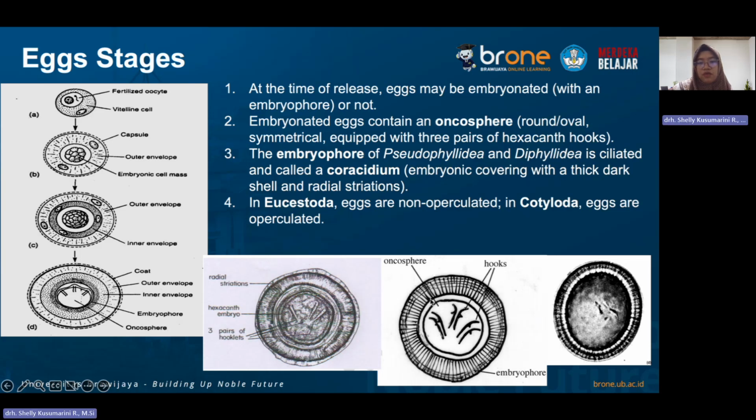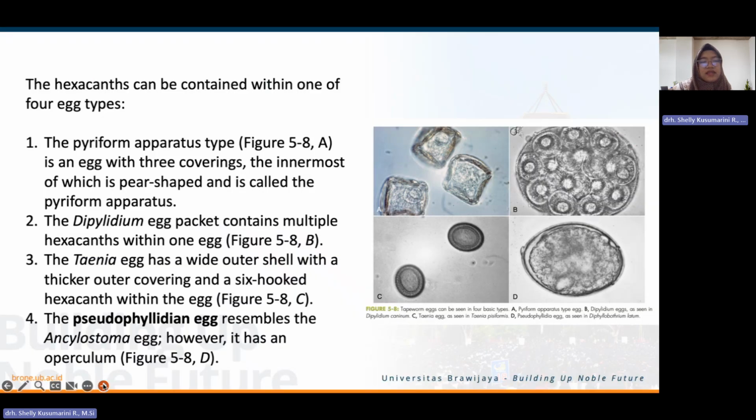The embryophore of Pseudophyllidea is ciliated, because they show adaptation to watery conditions. Eucestoda eggs are non-operculate. In Cotyloda, eggs are operculate. And this hexacanth can be contained within one of four egg types. You see, these are the four types of Cestoda eggs.